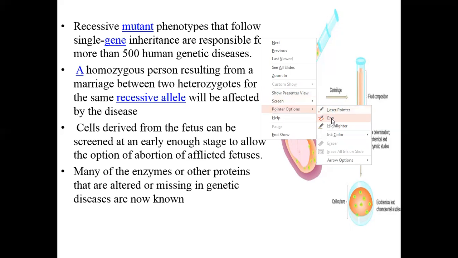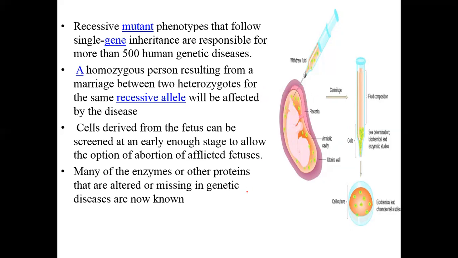if we establish a cross between two heterozygous individuals, here we can see this is capital A, small a, and the marriage is established with a heterozygous individual, both of these will produce two types of gametes, again capital A and small a.